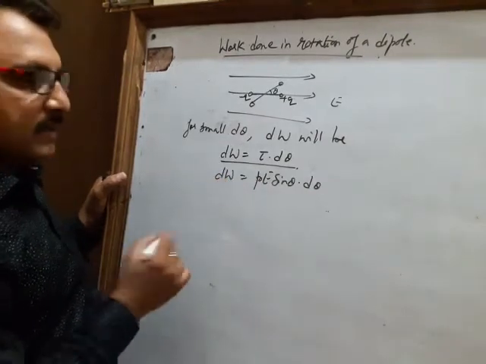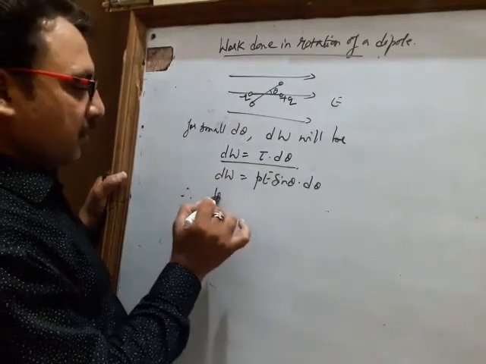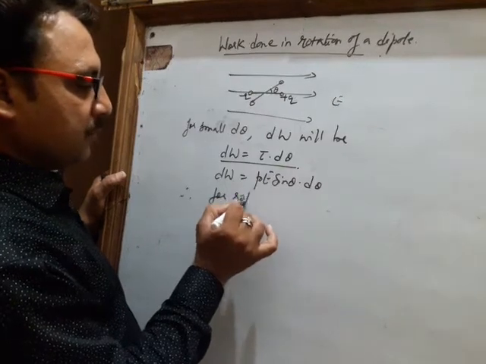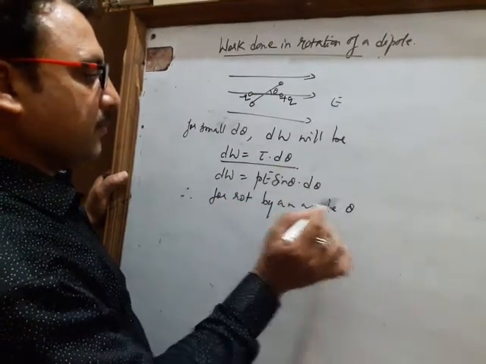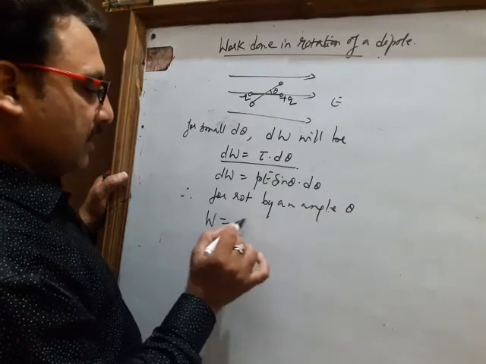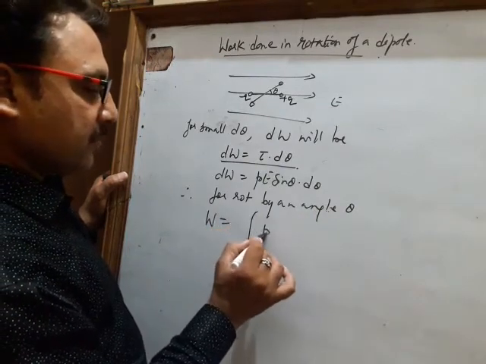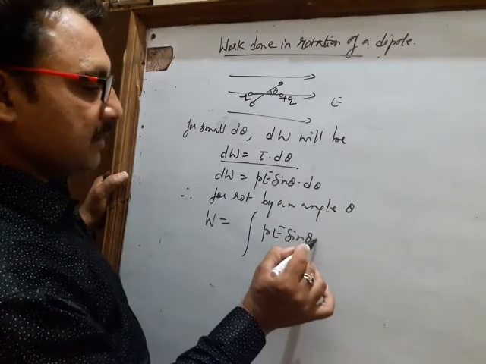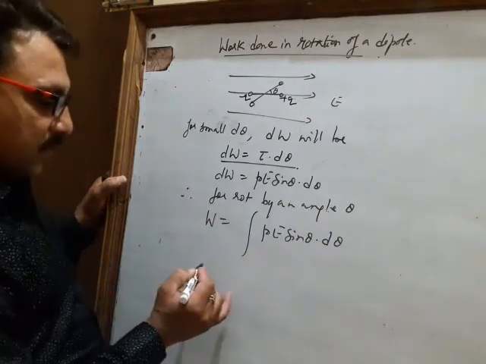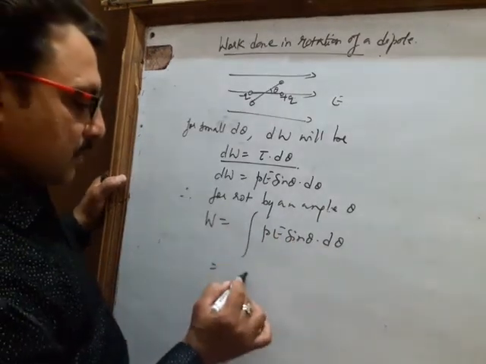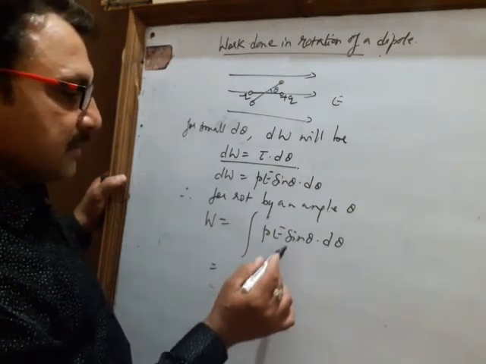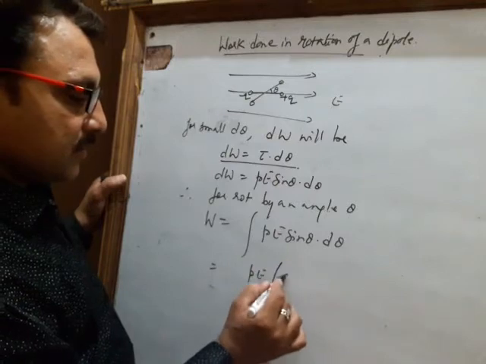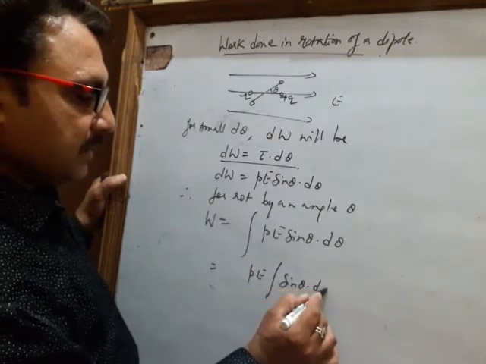So therefore, for rotation by an angle theta, total work done is integration of Pe sin theta d theta. This is Pe times the integration of sin theta d theta.